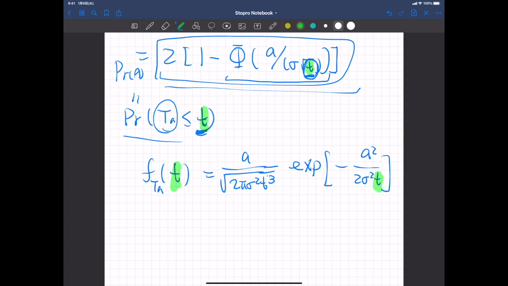Okay, so this distribution is called the inverse normal distribution. Okay, so that means the inverse of this follows the normal distribution.